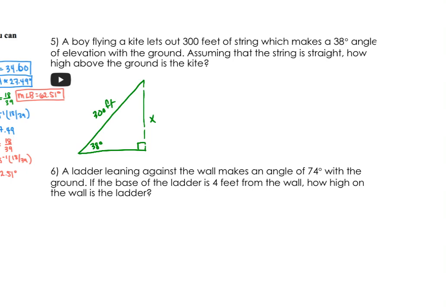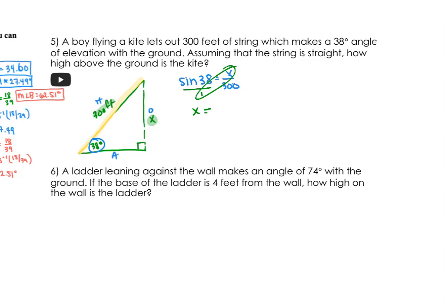Okay, well, I have my right triangle. I can highlight my hypotenuse, and I can label my sides. So this is A, O, and H. For this problem, I'm solving for my opposite side, and I have my hypotenuse. So OH means I'm going to use sine. So it's going to be sine 38 equals X over 300.